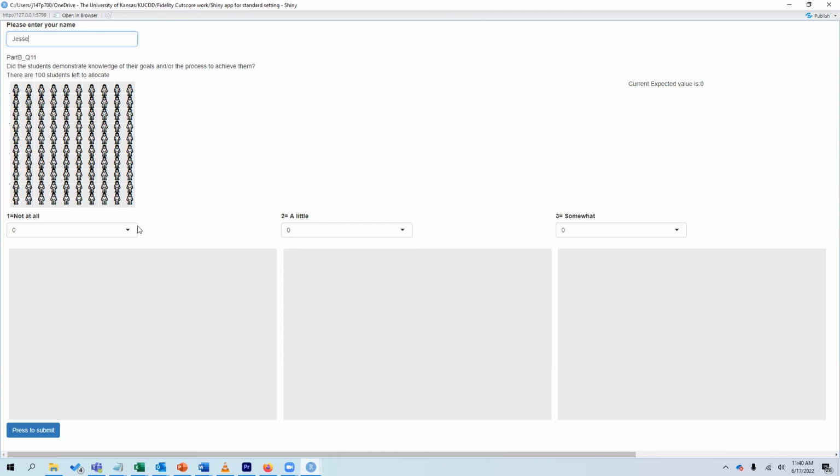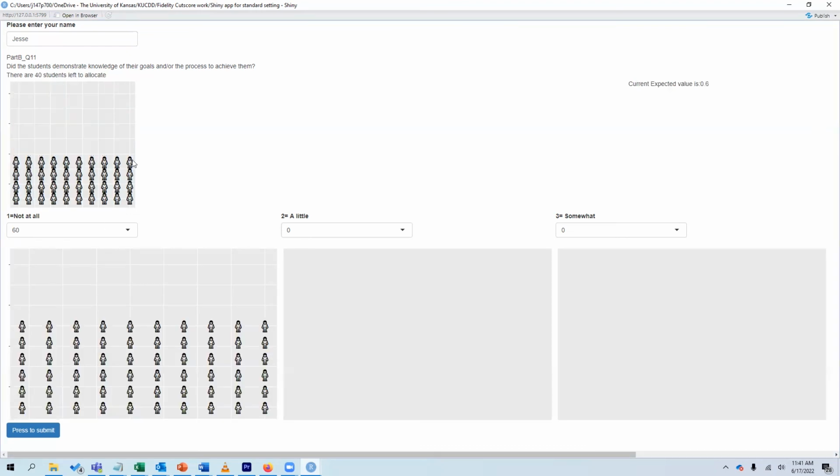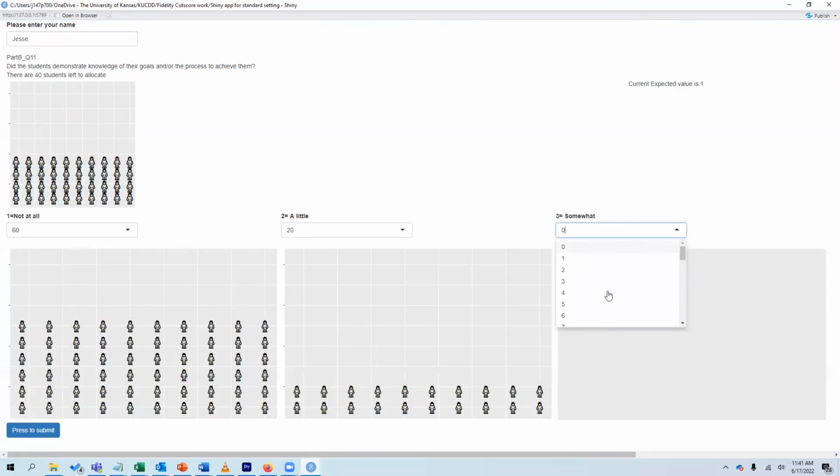Maybe we think that a minimally proficient implementer is going to get a 1 60-ish% of the time, right? Another way to think about that is that of my 100 minimally proficient implementers, 60 of them are going to get a 1. And then let's say 20 of them get 2s and 20 of them get 3s. So you can see up here, the current expected value for this item is a 1.6.